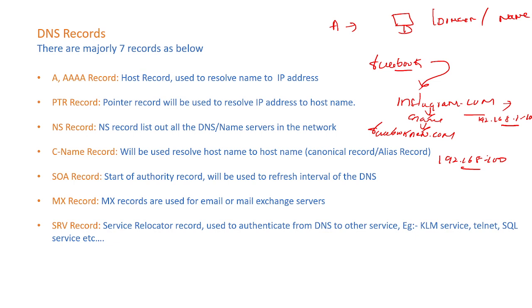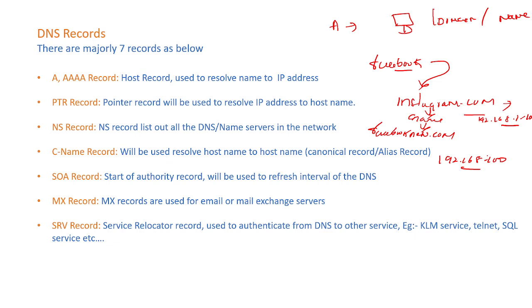The time interval for replication between two different DNS servers we call the SOA record, meaning start of authority: the refresh interval of the DNS servers, meaning how frequently I should talk to that neighbor DNS server or the next DNS server. We store that information as the SOA record. The SOA record is nothing but the start of authority record. It will be used to refresh the DNS interval. Okay, refresh interval of DNS. I'll show you that also.